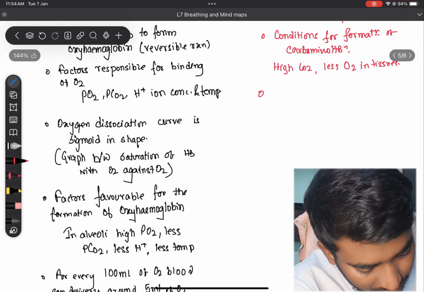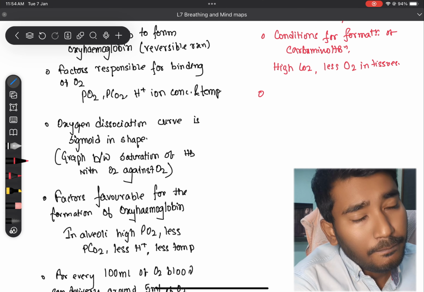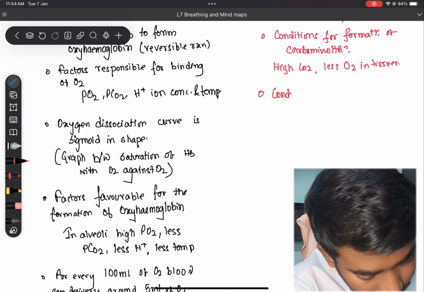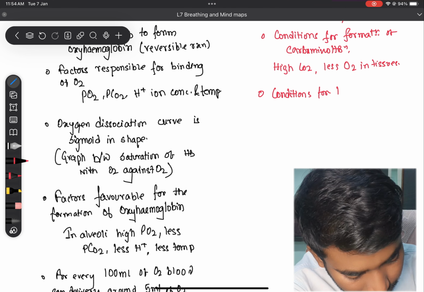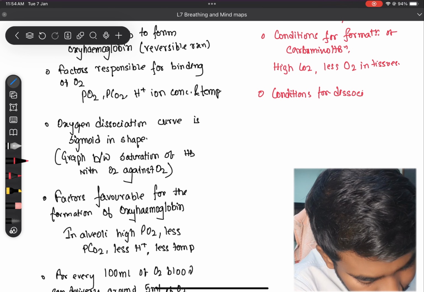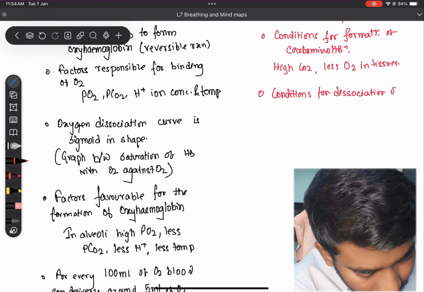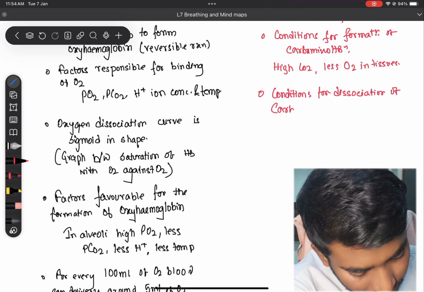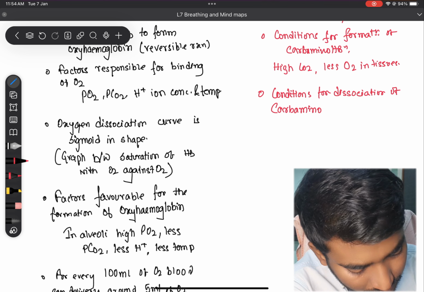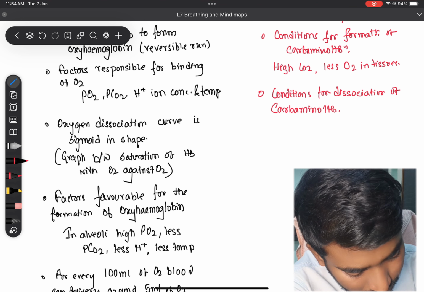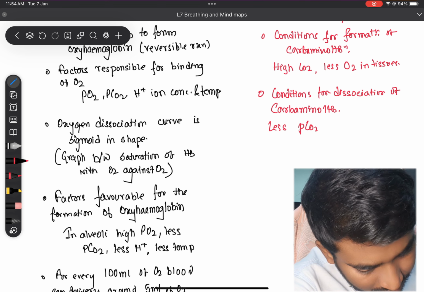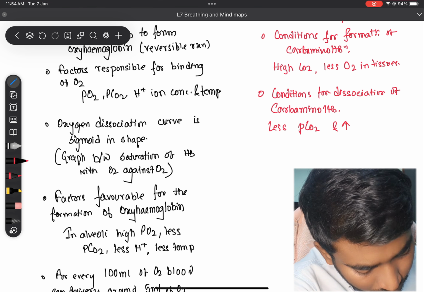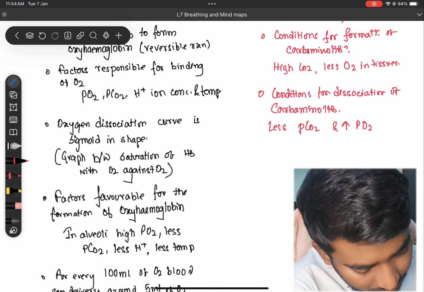The next one is conditions for dissociation of carbaminohemoglobin. What is the condition? Less pressure of CO2 and high pressure of oxygen.